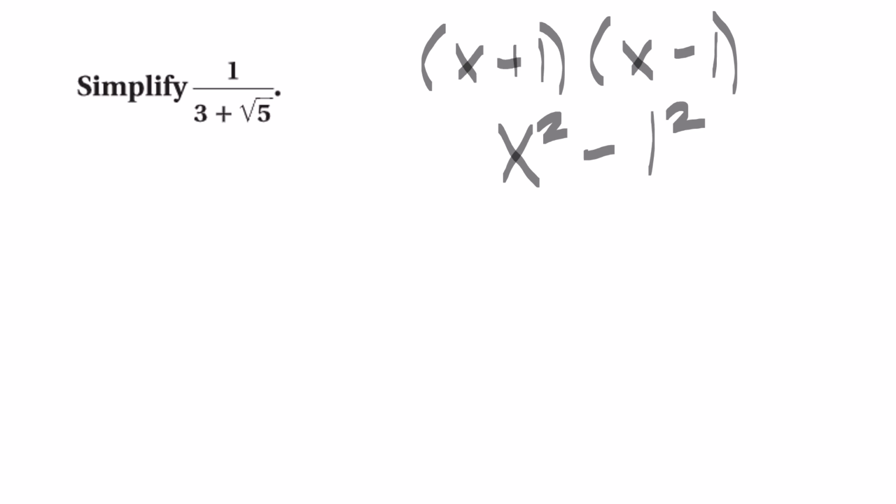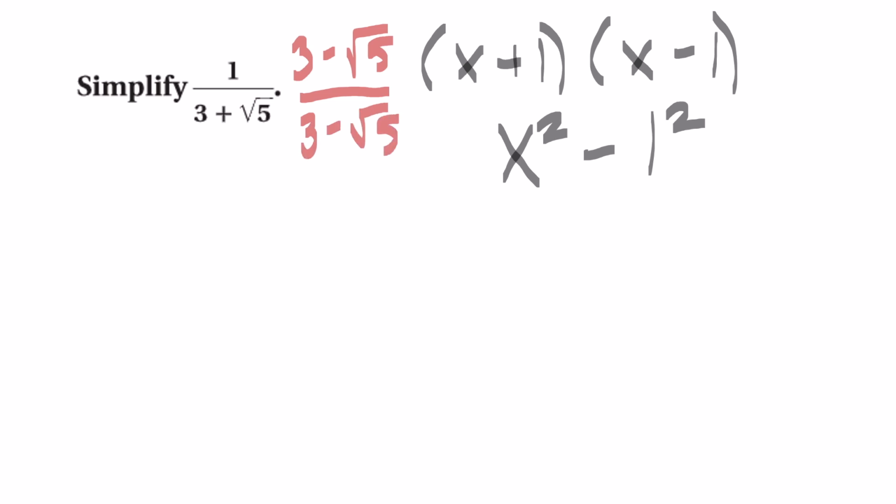Remember, that was called the difference of two squares. So we're going to use this idea. I see addition, so I'm going to multiply both sides by the same expression, but with subtraction. So I have a sum, I'm going to multiply it by a difference. So I'm going to go ahead and multiply both sides by 3 minus radical 5 on the top and the bottom.